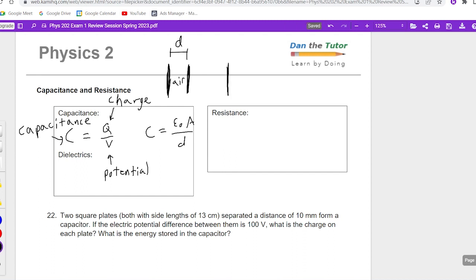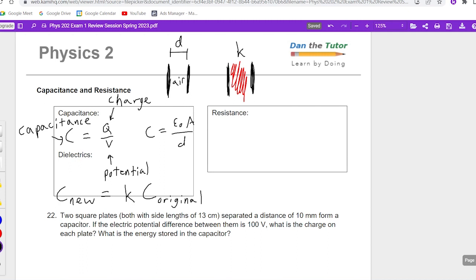Well, if you do put something in your capacitor, almost think of it like a jello in the middle, or a piece of glass, or a piece of plastic, or a piece of wood, or a piece of water, whatever you put in there, it's going to have a dielectric constant K. And our equation for the new capacitance, C new, is equal to K, your dielectric constant, times your original capacitance. So the new capacitance is equal to K times your original.